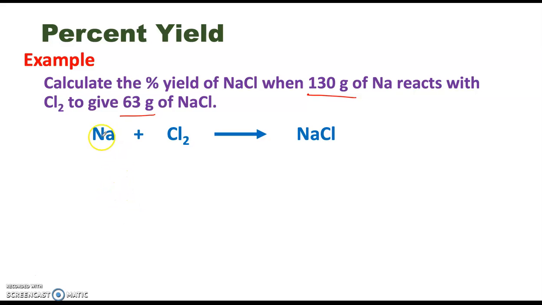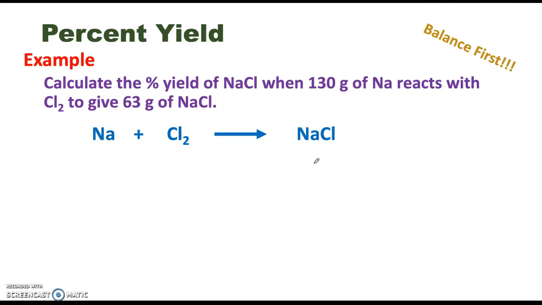So what it's saying is 130 grams of this is going in, and then it says 63 grams of this is coming out. So this is the amount that's actually coming out. This is the amount that we're putting in. Based on this number, how much should we expect to get out? Because it's telling us 63 grams is actually coming out.